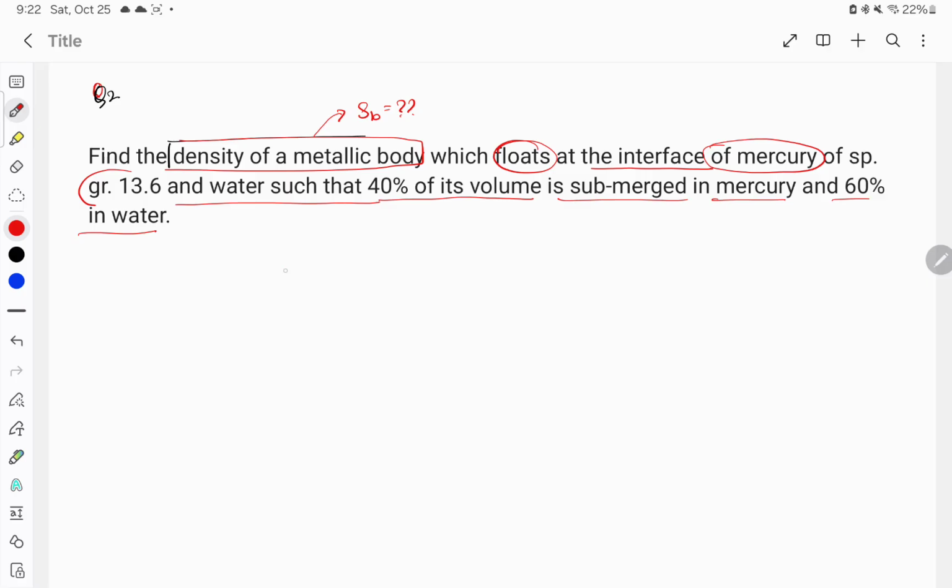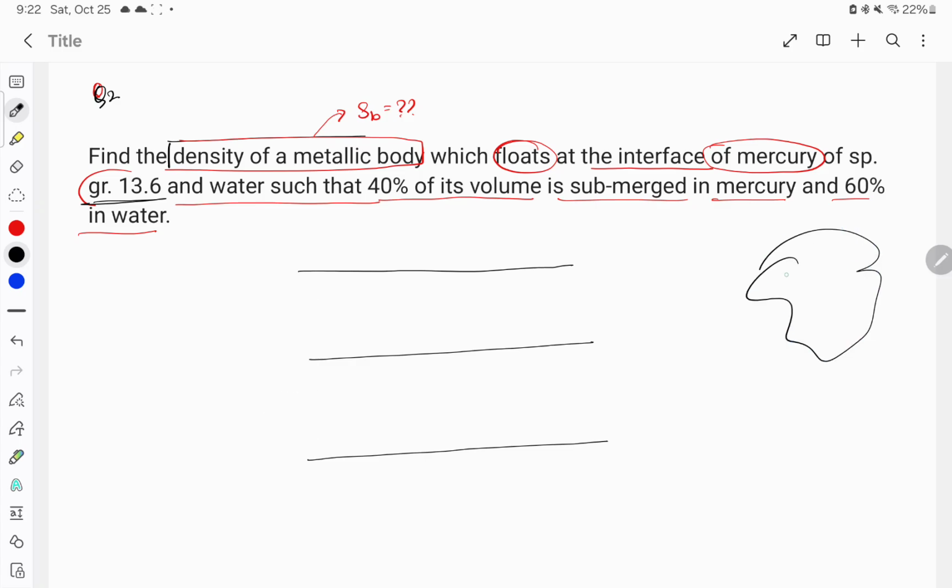So first of all, it says it is floating, but it is at the interface. If I ask you whether this will be mercury or this will be mercury, you can easily say that since the specific gravity of mercury is 13.6, mercury will be in the below portion. So if this is my body and it has a volume of V, this is water and this is mercury.